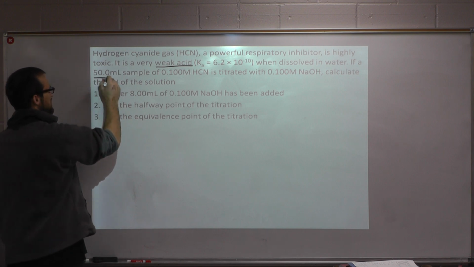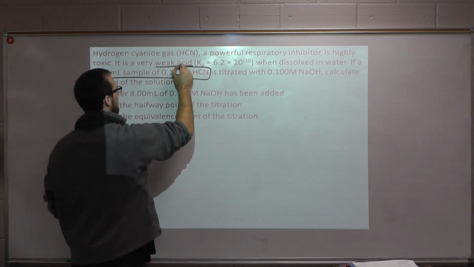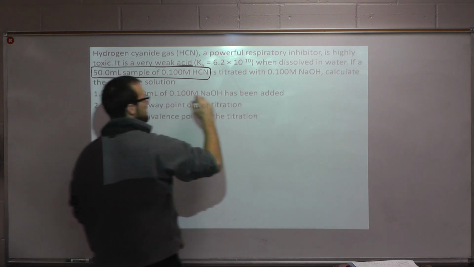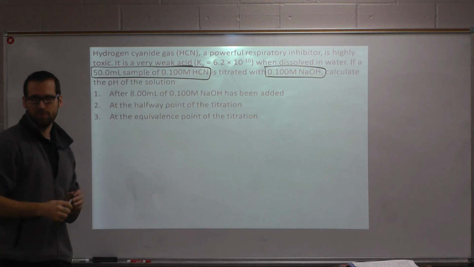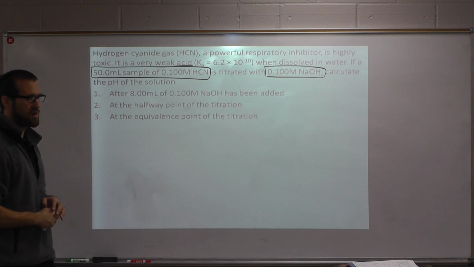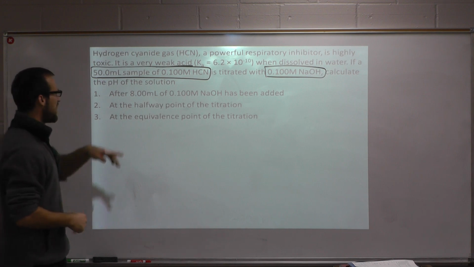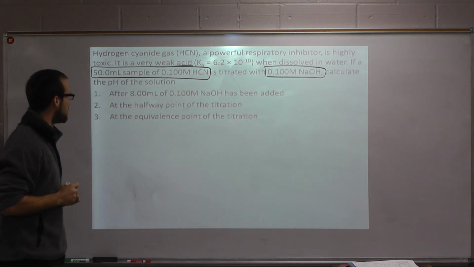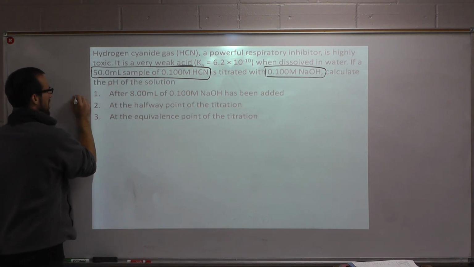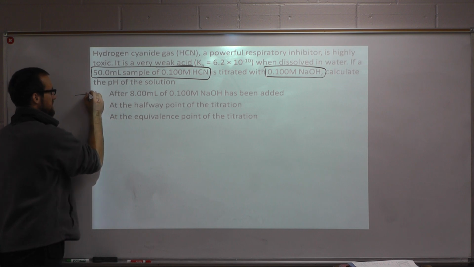This is what our conditions are, and we are still adding a strong base. So same process as the previous one, different Ka value, different weak acid. Thankfully they gave us the same concentration. Let's first identify what type of problem this is.